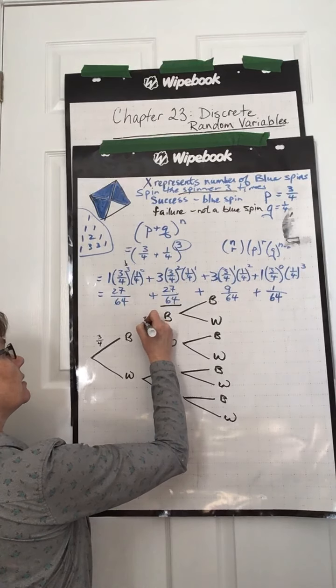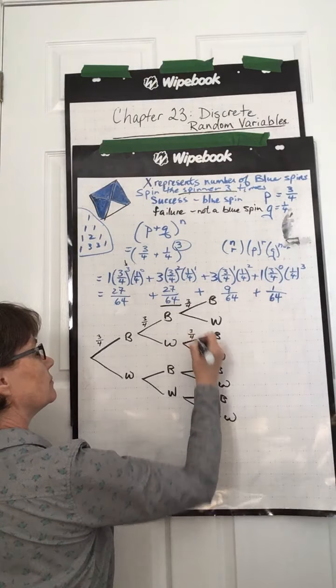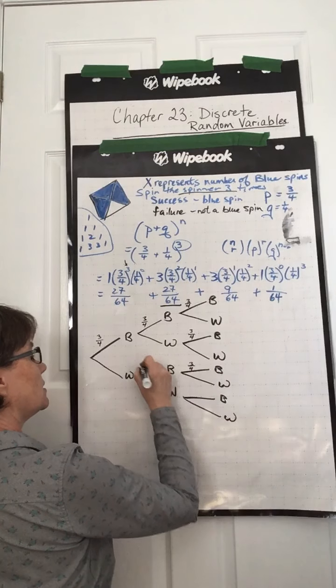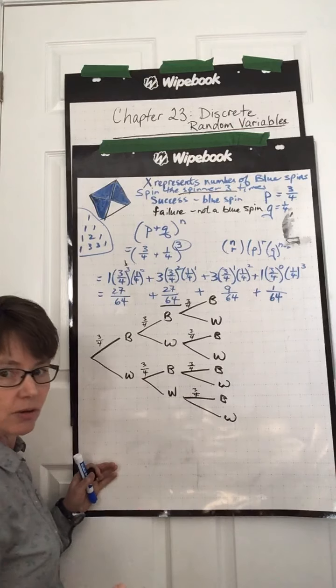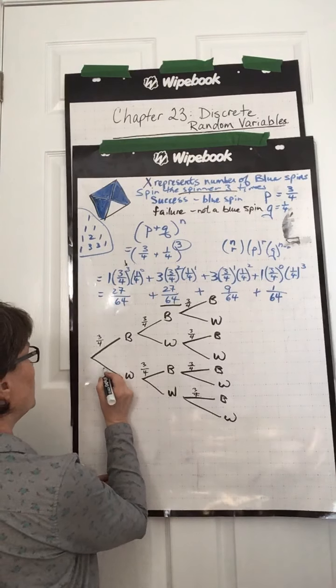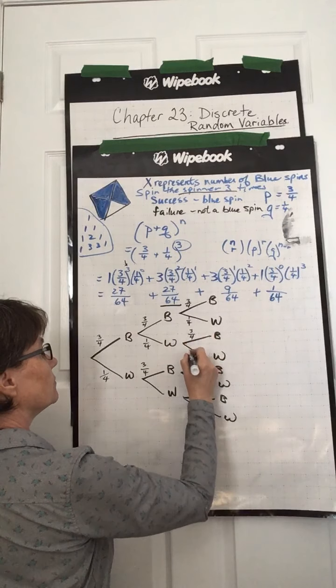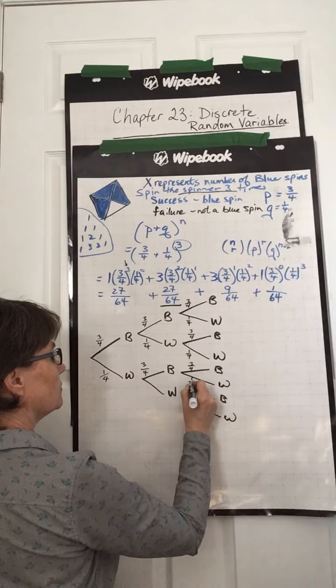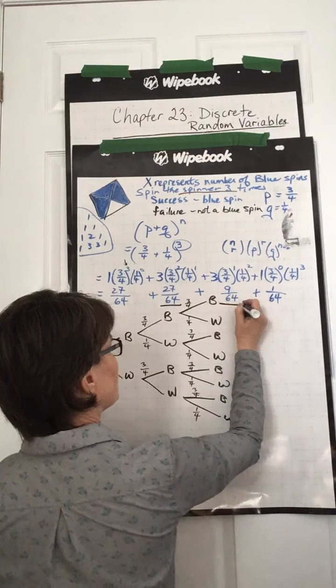So I'll put that in everywhere. Hopefully you can see this. And for every single trial, the probability of getting a white is 1/4.